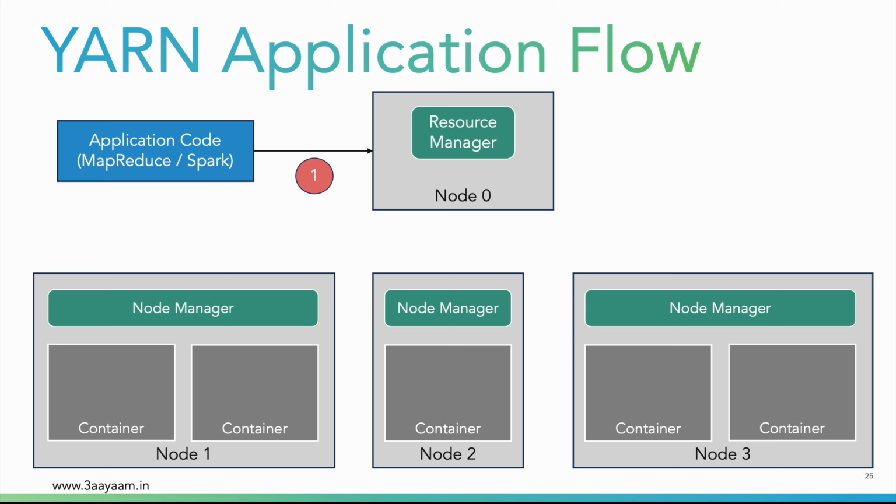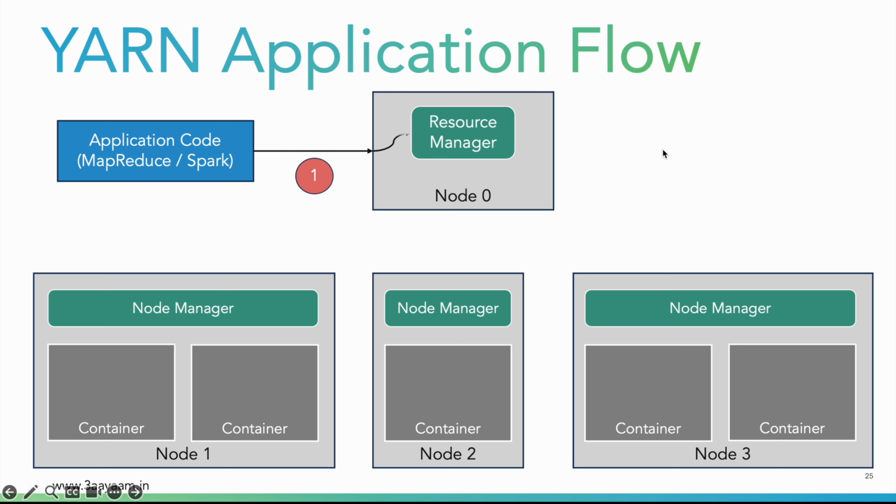It might be the case that some other Spark code is already running in this cluster, and we are submitting a new Spark application to the resource manager. So resource manager would find one of the node managers which is not that busy. If none of the node managers are available, then the application code will have to wait.